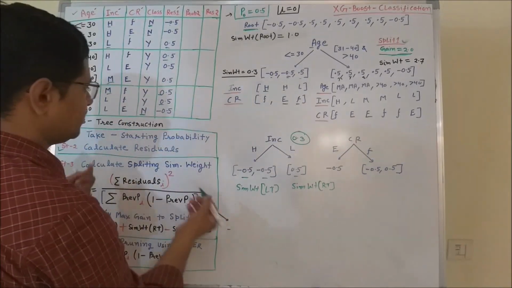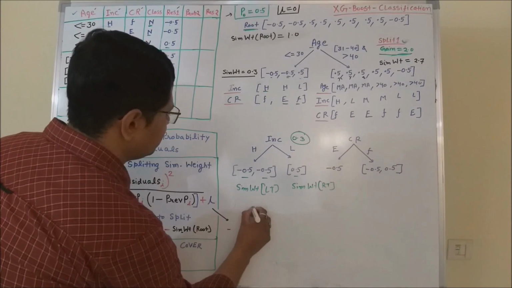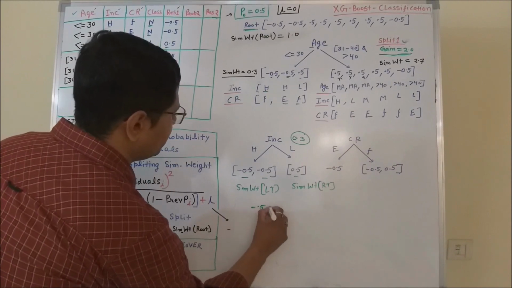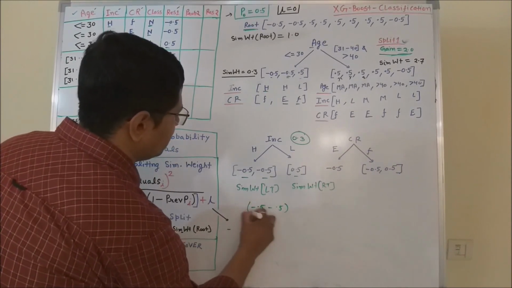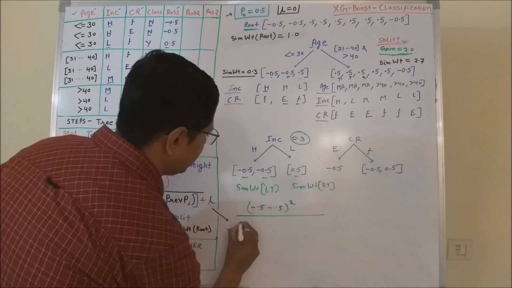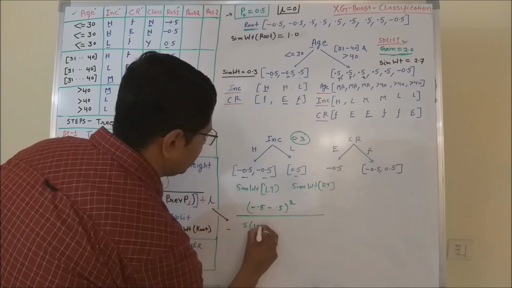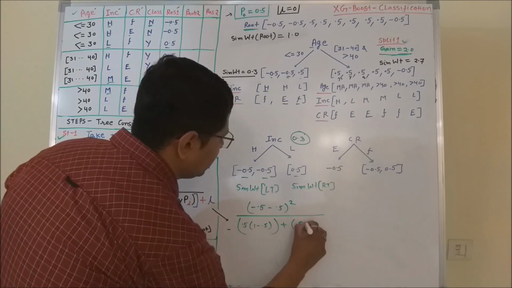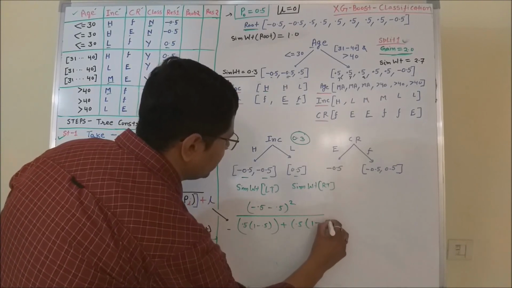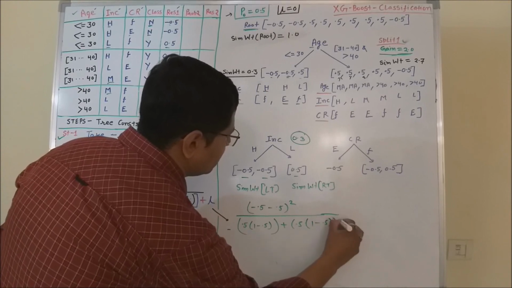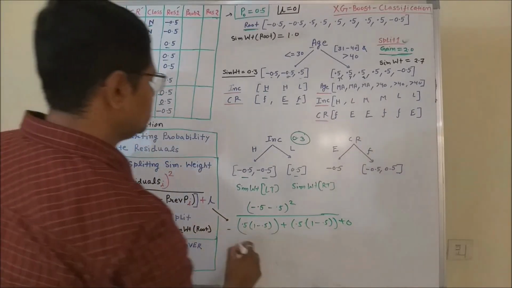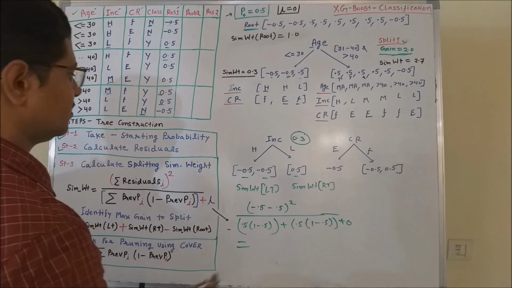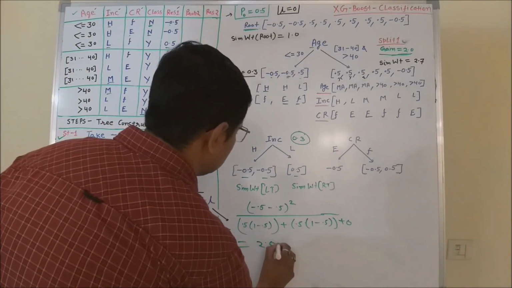So once you go, you will easily get 0.5 minus 0.5 whole square divided by 0.5 into 1 minus 0.5 plus 0.5 into 1 minus 0.5 plus 0. So once you solve, you will easily get it is equal to 2.0.